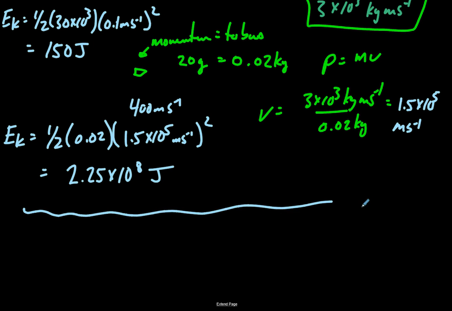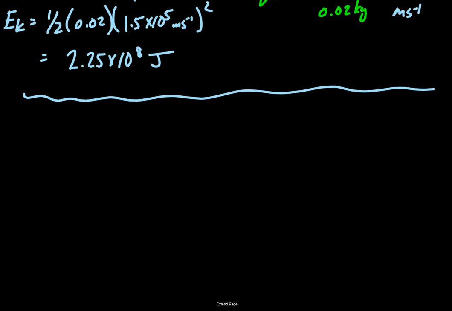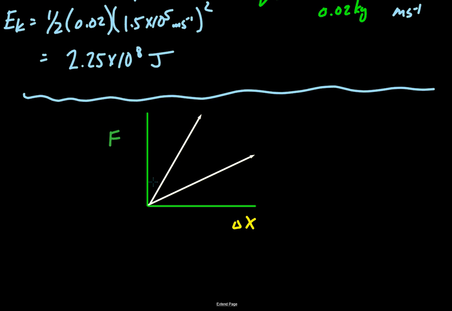Okay, and last but not least, let's tackle springs. So we know this about springs from experimentation. If we have a graph of force on the y-axis and spring extension, we'll call it delta x, on the x-axis, and you stay within the elastic range, you'll get springs with fairly straight lines.